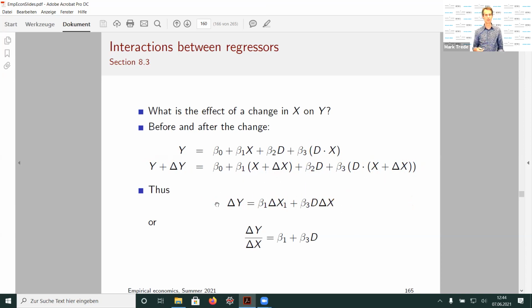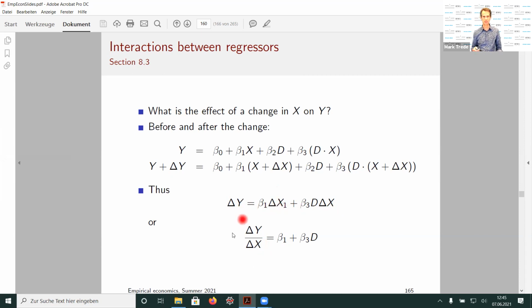And if we divide both sides by delta x, there's an x1 in the equation that should not be there. We only have one x here, so we don't need the x1. So we just divide both sides by delta x.